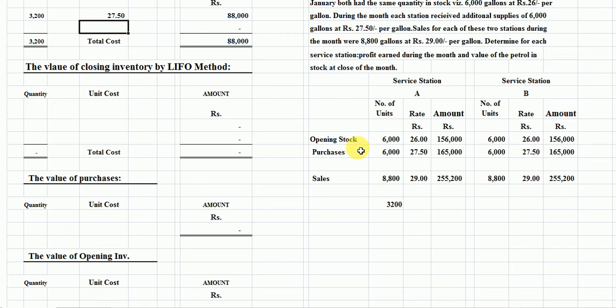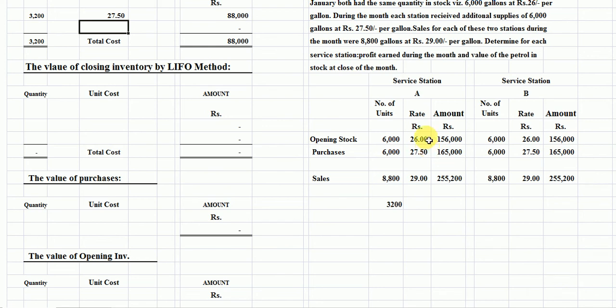Now we find the closing stock inventory again. We use the rate of 26 per gallon, because in LIFO method, last in first out, we sell our purchase gallons first, and after that we have the opening stock. So at the end, 3,200 gallons are remaining in closing stock. The rate used is 26 per gallon here.